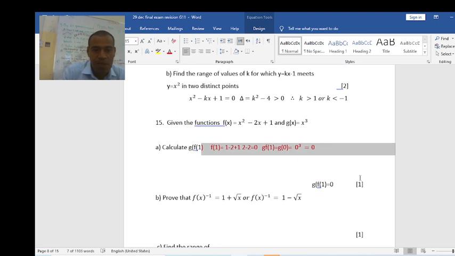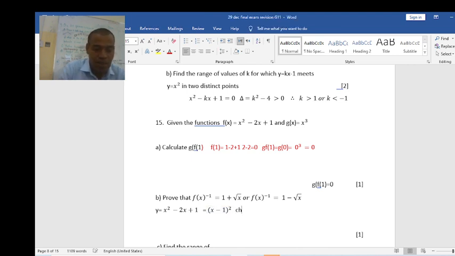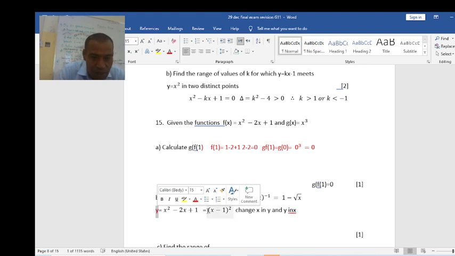I will use f of x and suppose y equals x squared minus 2x plus 1, which in fact is equal to (x minus 1) to the power 2, which is equal to y. Now change x to y, and y to x.